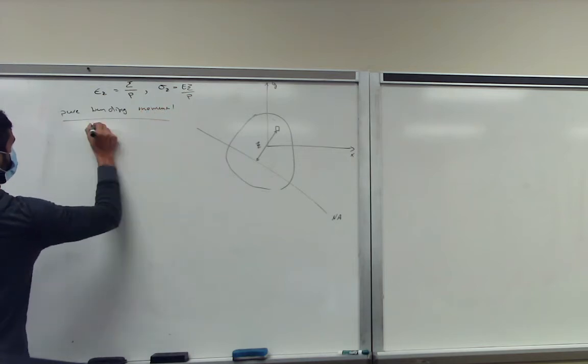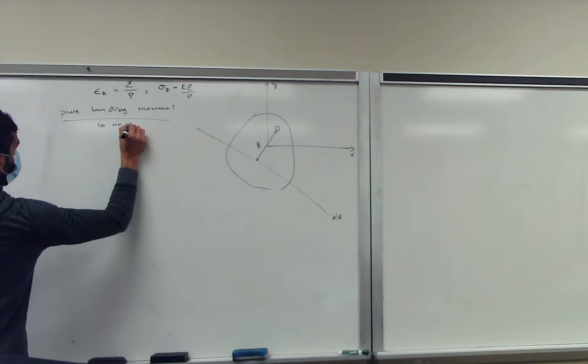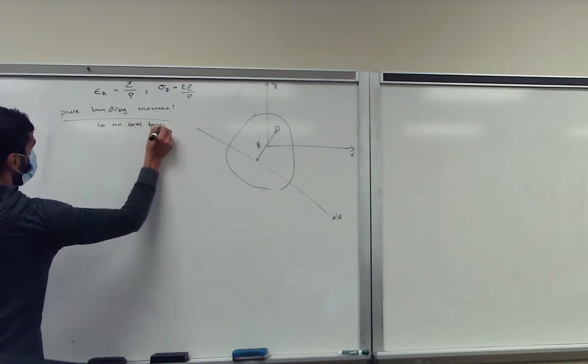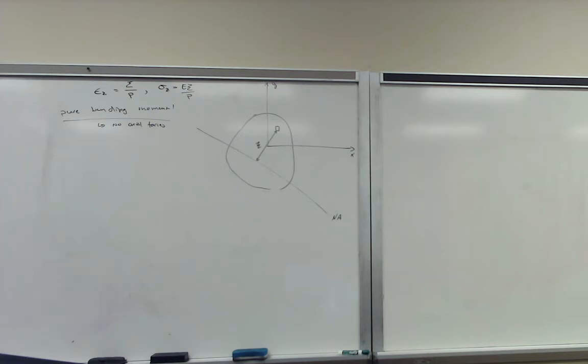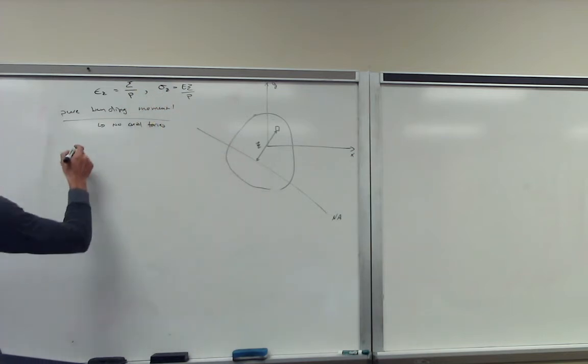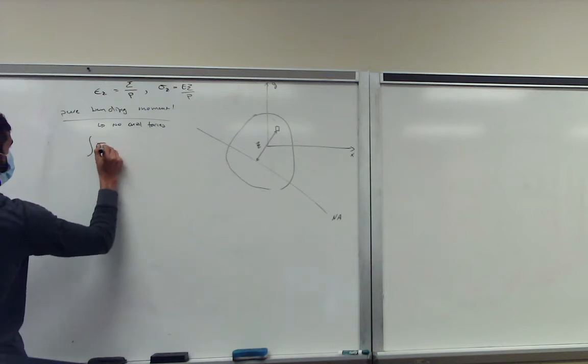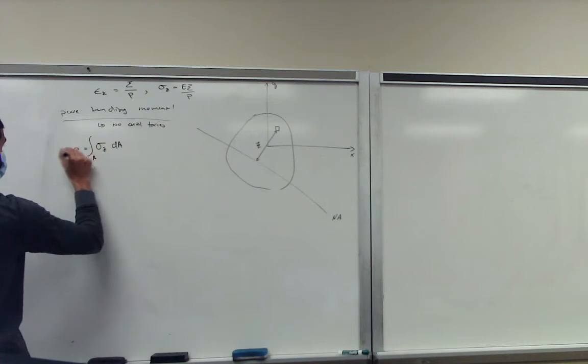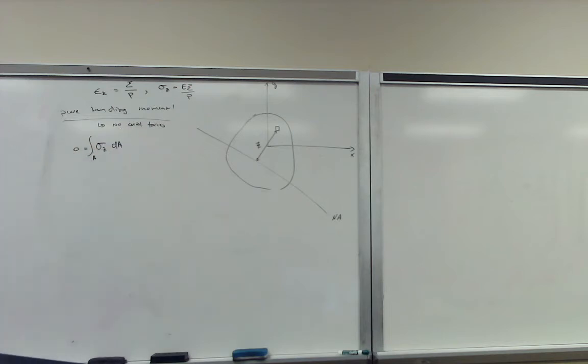This is important, so we have no actual forces. So if we take the integral of sigma z over dA over the cross section, this must be equal to 0, because we assume that we have a pure bending moment and no actual forces.